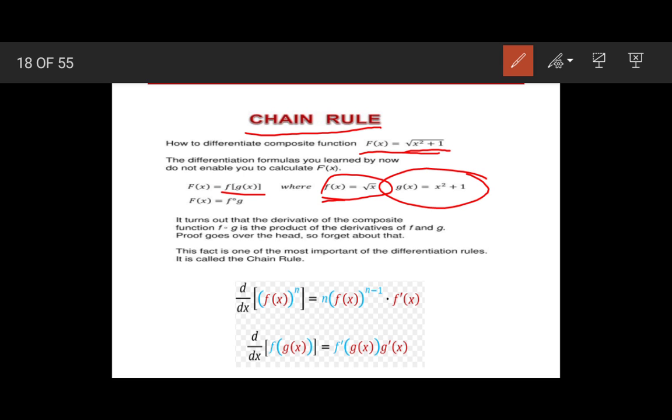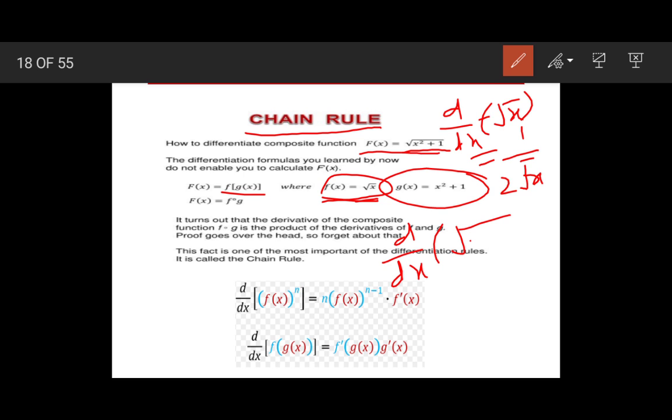So the first function is in the form of root x, and we know that derivative of root x is 1 upon 2 root x. Hence derivative of this function root of x square plus 1 will be 1 upon 2 root of x square plus 1. Now this is not a complete derivative.